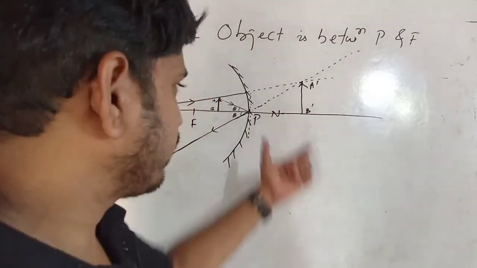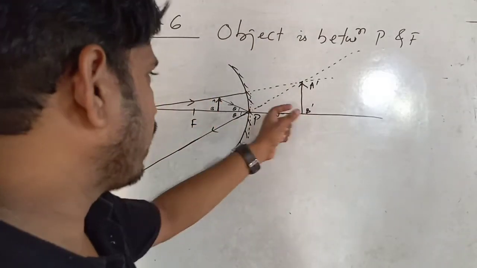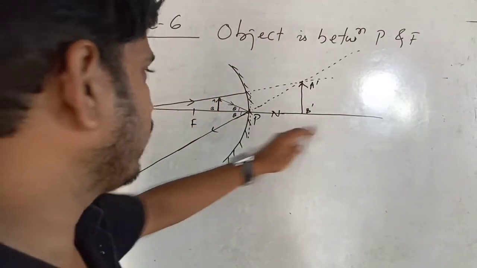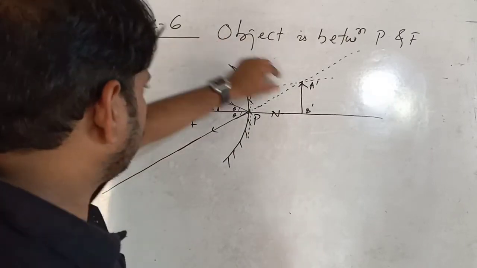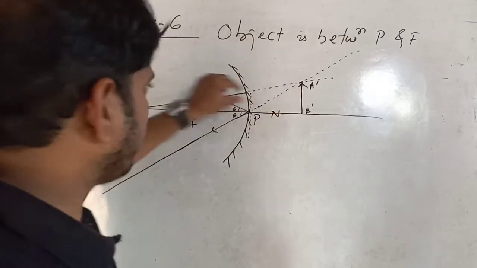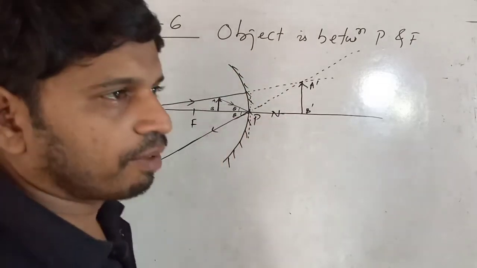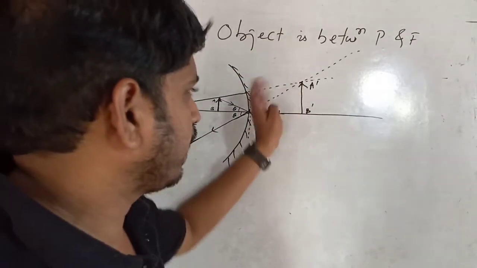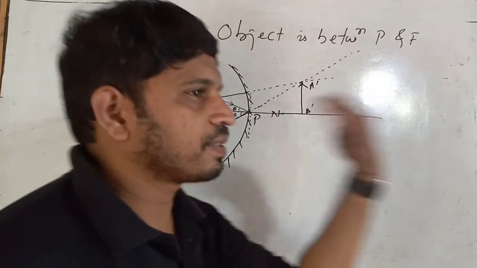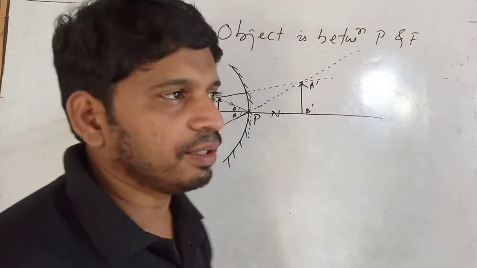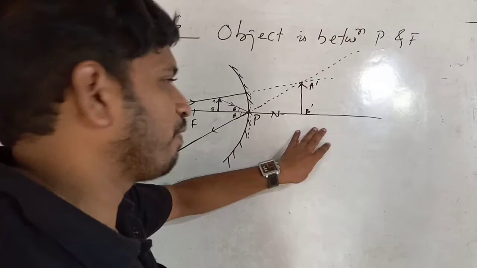In this case, this is the last case, and this is the only variant case, in which the image is erect. In all the other cases they were inverted and real. In this case it is erect and virtual, as the image is behind the mirror. This is not a reflecting surface.